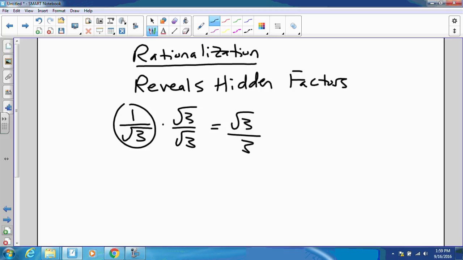So if you're going to do this expression by hand, then what you're going to have to do is to take some approximation for root 3, and you're going to have to divide that into 1. So then you've got to do like 4-place division. That's horrible. It's going to take you a long time. But if I can rationalize now, look at what my division becomes. That's a lot easier, isn't it?